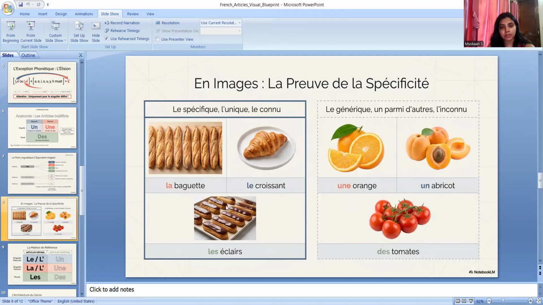There are some French dishes: la baguette, le croissant, les éclairs. And on the other hand, this is the generic, partly not known. It is not that specific. It is just fruits: une orange, un abricot, des tomates.